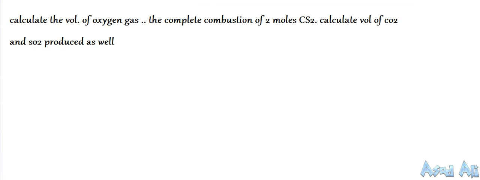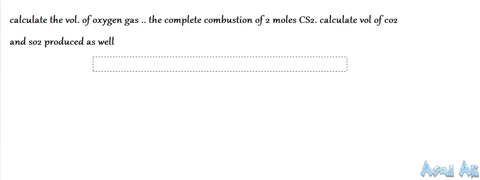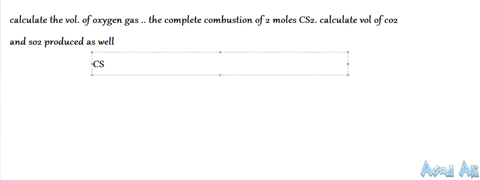Now we can write the equation like this, that is CS2 plus 3O2 gives CO2 plus 2SO2.